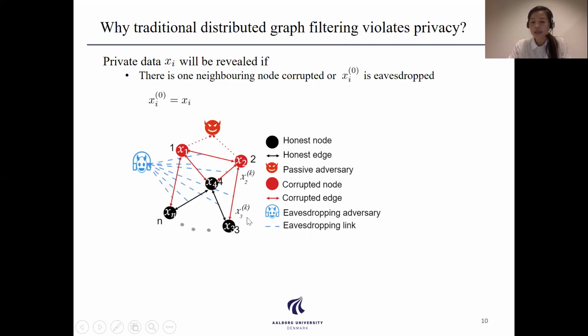So if this edge is being eavesdropped, then your private data will be known by the eavesdropping adversary. And for the case of the passive adversary, if one of your neighbors is corrupt, then this edge is corrupt, so your information will be revealed. So it is very easy for the traditional distributed graph filtering to reveal the private data. So it is not privacy preserving.